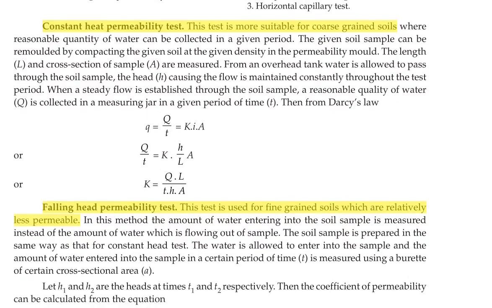The formula for coefficient of permeability in constant head permeability test K is equal to QL divided by THA, where Q is the quantity of water, L is the length, T is the given period of time, H is the total head, and A is the cross section of sample.